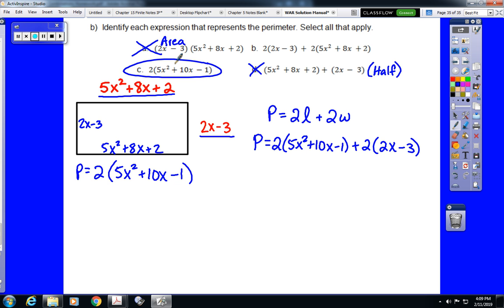So C does work, although it's not the best representation. And if you look at what we have written right here for perimeter, if we switch these two terms around, that is exactly what we're looking at in B. So B and C would both be correct answers. That does it for the Day 10 video.